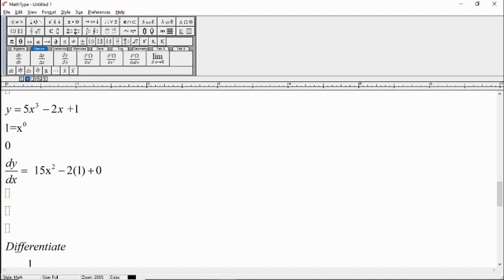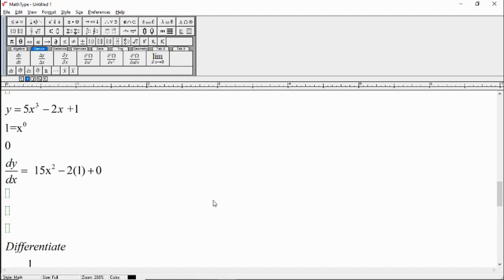Just like how any singular term, if it's any integer on its own with no variable attached to it, will become 0. Because it hasn't got an x, it hasn't got an extra power of anything. It's a term on its own.